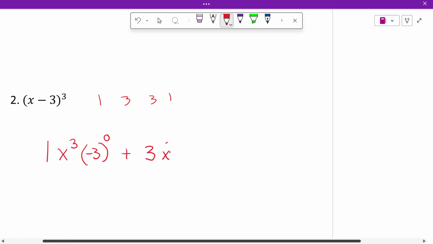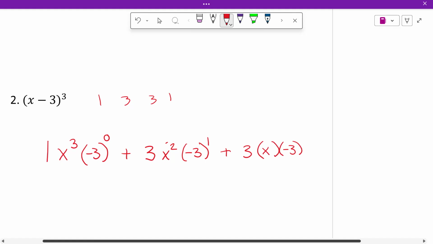x is going to be to the next lower power, so x is going to keep going down. 2. And then negative 3 is going to be to the first power. Plus 3. x is going to be to the first power.